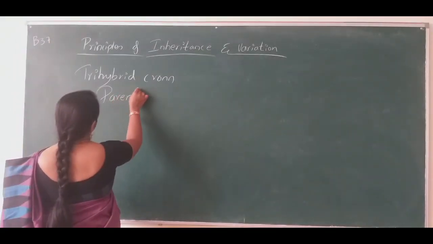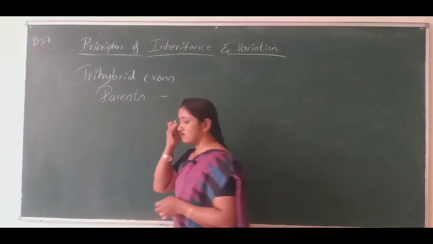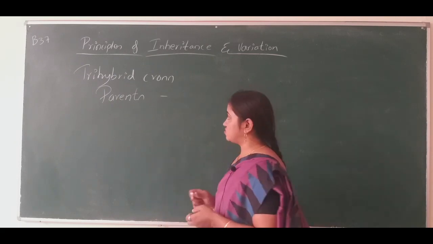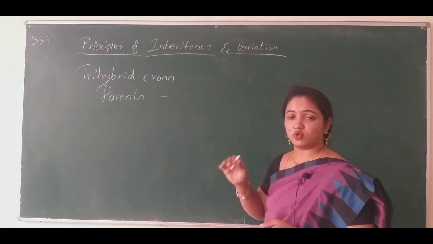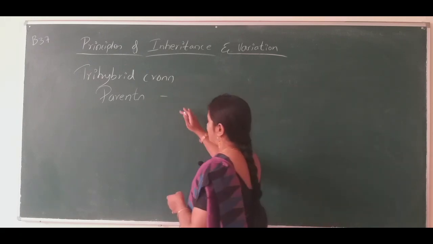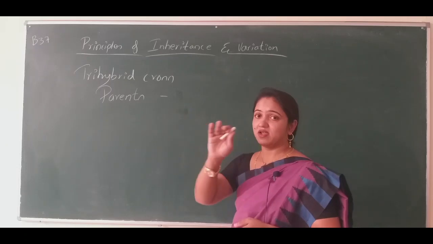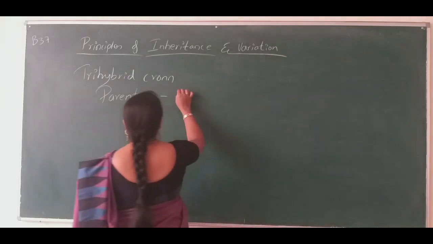So I'll write the parents first. You can select any contrasting characters. It's not that whatever I write on the board you have to write the same, but the ratio should match in your answer.